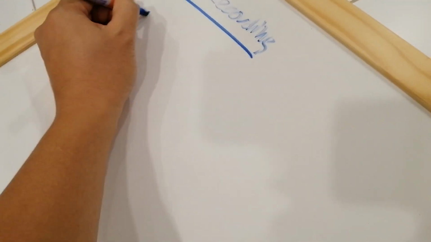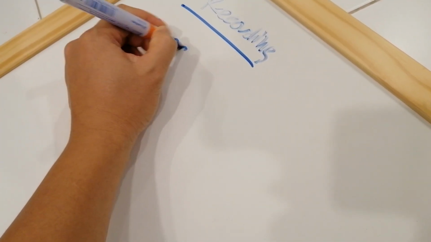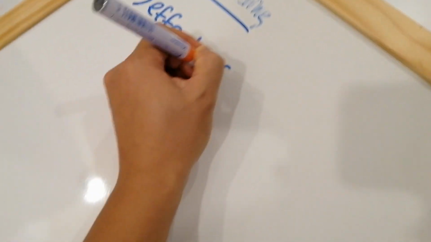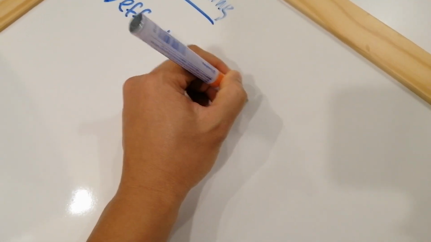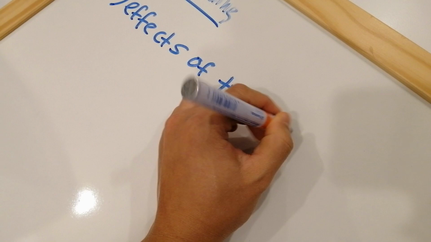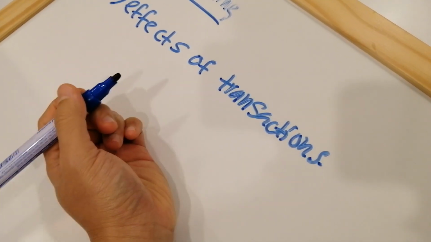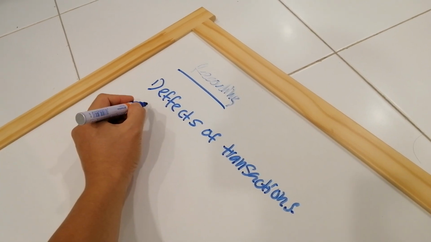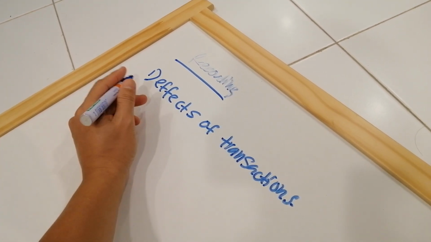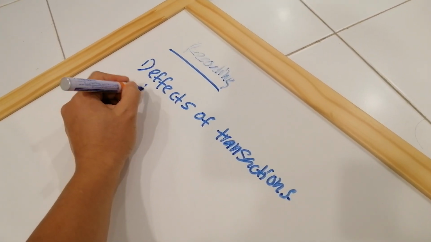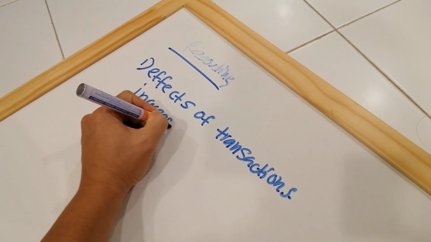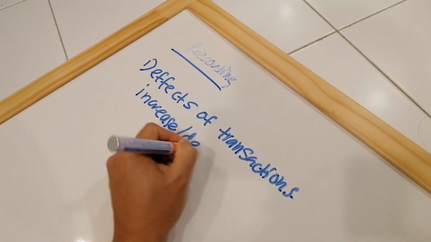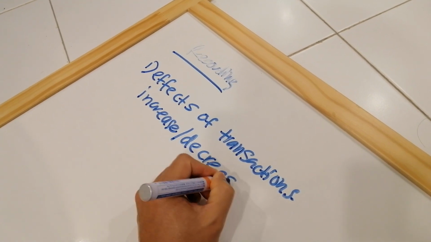So under recording, what I'm going to explain to you, number 1 is effects of transaction. Okay, so under effects of transactions, we have two possibilities: increase or decrease.